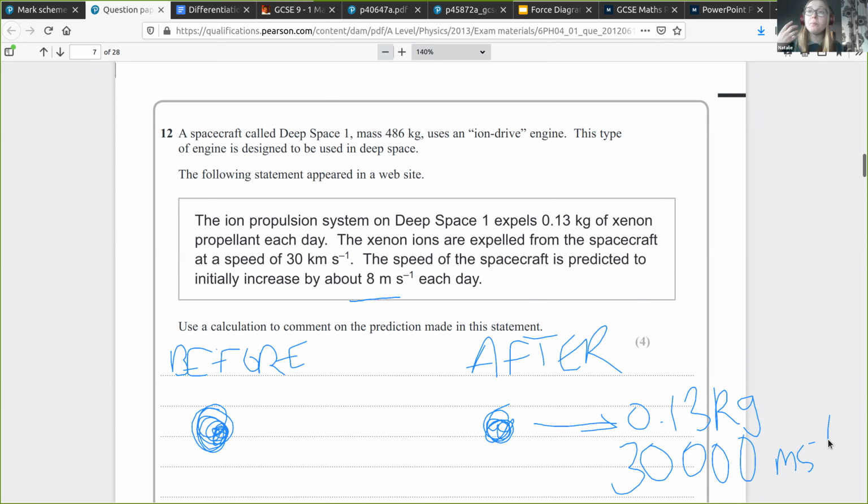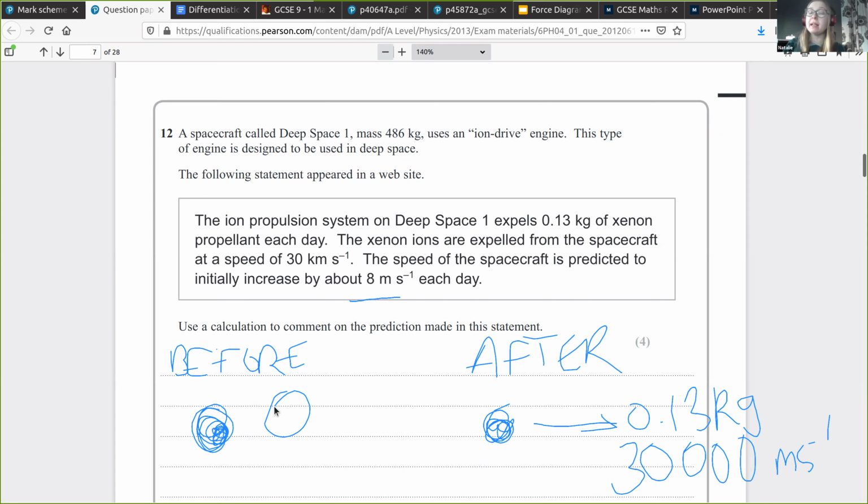And we need to work out if this statement is correct, that the speed of the spacecraft increases by about 8 meters per second each day. So what we can do is assume that in our relative frame, the total momentum before the whole thing kicks off is 0. Okay, in our relative frame, the total momentum before the xenon is expelled is 0. The total momentum after is going to be the momentum of the xenon minus the momentum of the spacecraft.